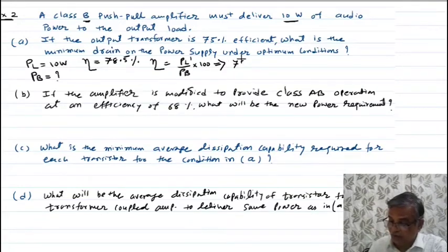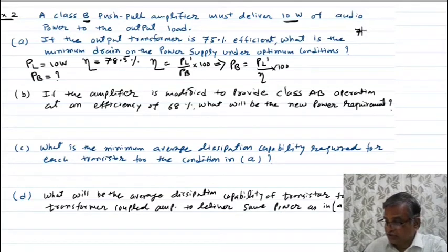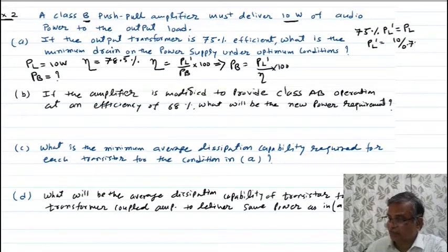Now I have to find PB. PB is nothing but PL dash upon eta into 100. Now what is PL dash? The transformer is 75% efficient, so 75% of PL dash will be transferred to PL. So PL dash is 10 upon 0.75, where this is your 10 watt.